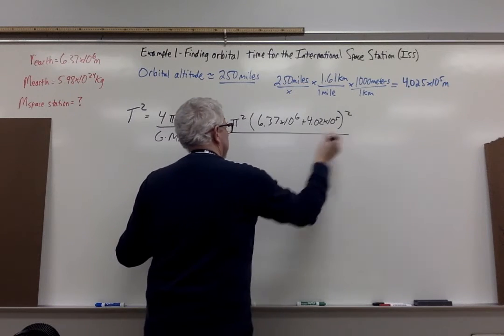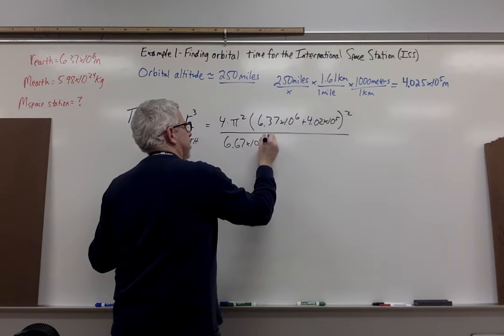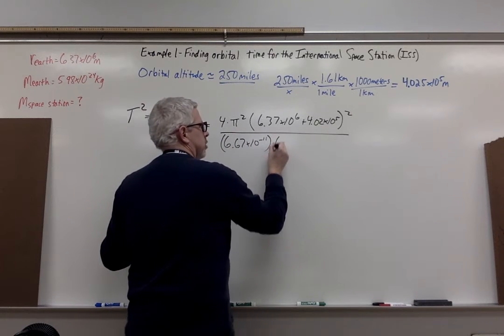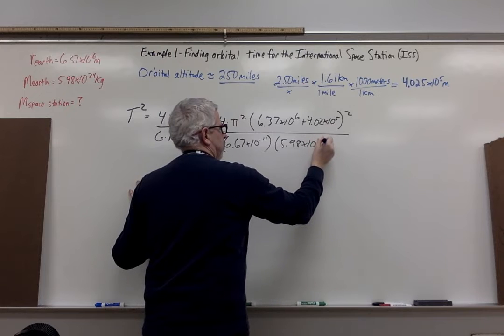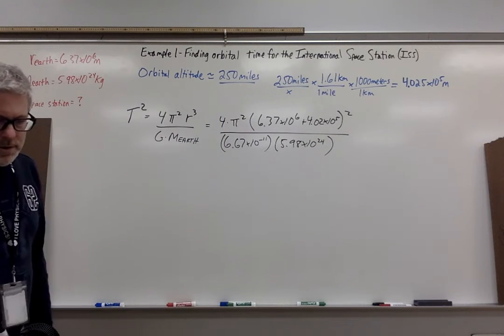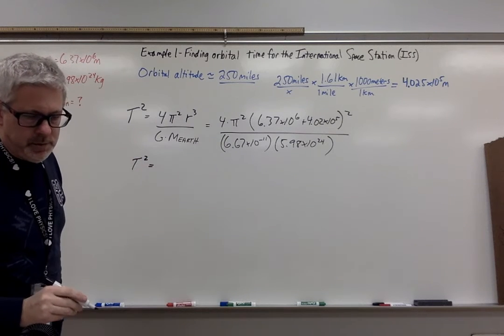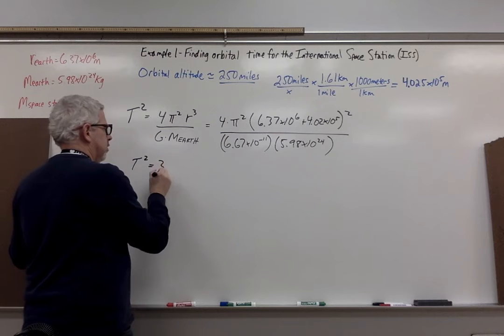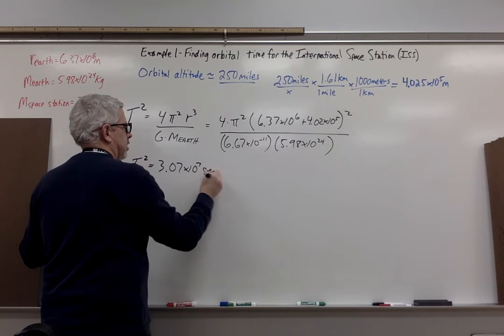Over G, which is 6.67 times 10 to the negative 11th, and the mass of the Earth, 5.98 times 10 to the 24th. So I get that T squared is equal to 3.07 times 10 to the 7th seconds squared.